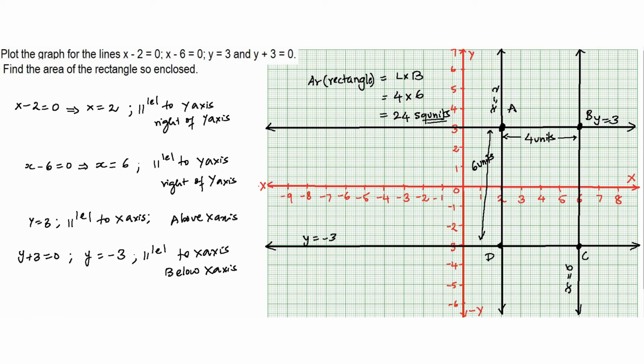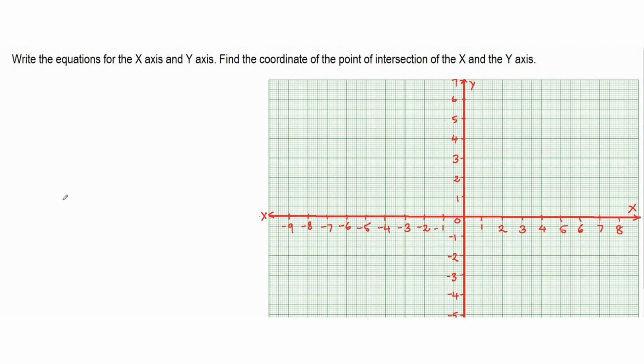Moving on to the next question. The next question says, write the equations for the x-axis and y-axis. So for the x-axis, we know that on the x-axis, all points have their y coordinates equal to 0, right?